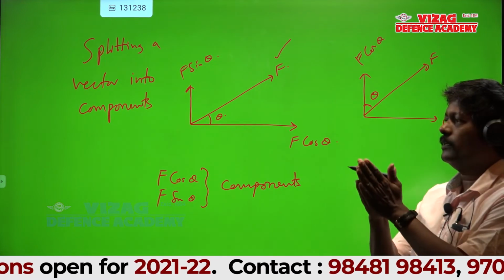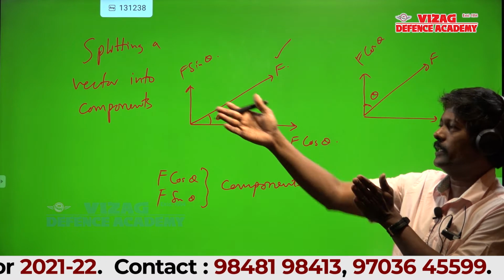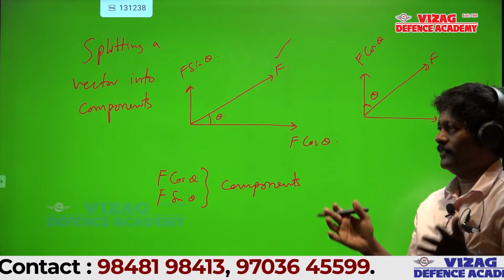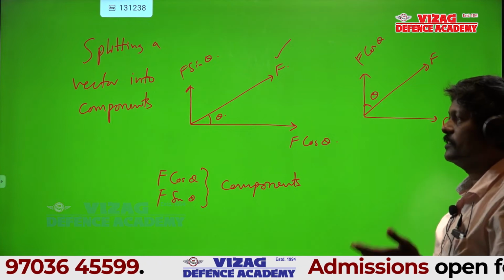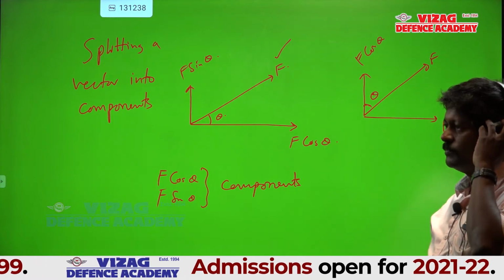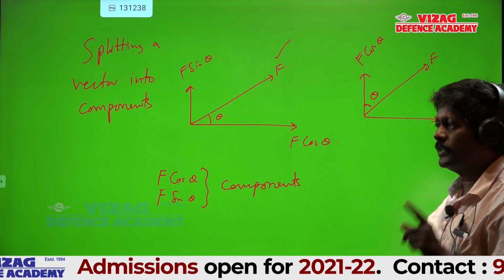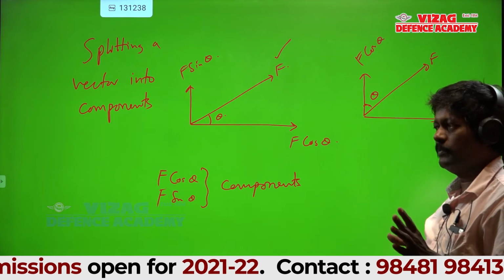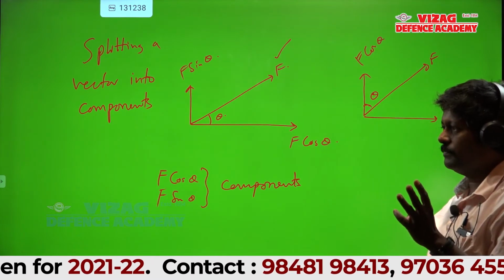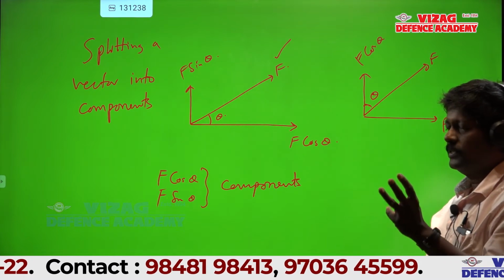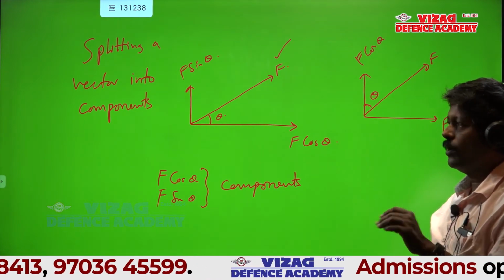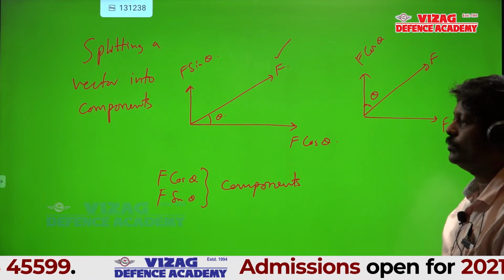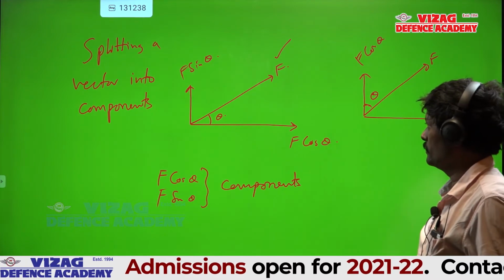You cannot say what is the time in this direction, what is the time in that direction. You can't split time. Scalars you cannot split because it is meaningless. Only a vector can be split. Vector means acceleration, velocity, momentum, force, all these can be split into components.